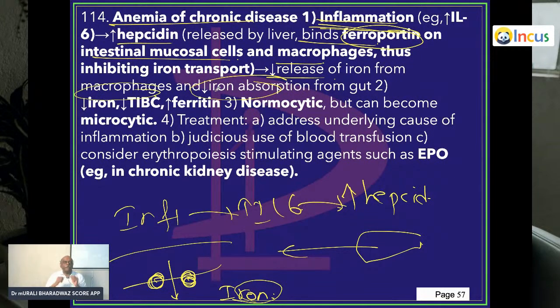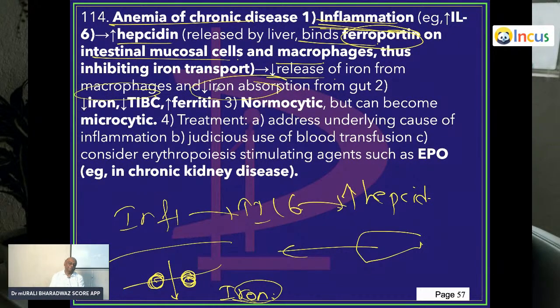Because of ferroportin blocking by the hepcidin, macrophages don't release the iron into the serum, and the intestine doesn't absorb the iron. That is the reason serum iron becomes low in anemia of chronic disease.